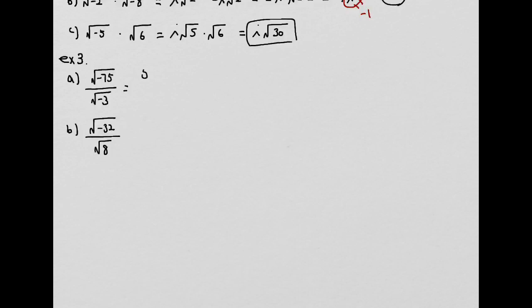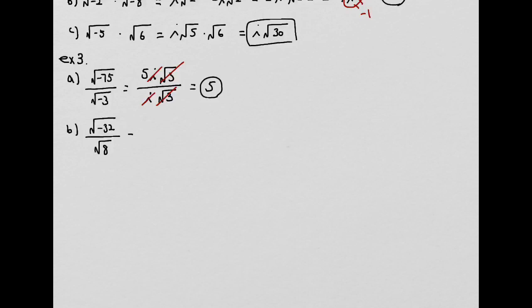So it will be 5i square root of 3. The denominator is i square root of 3. And I see the common factor between numerator and denominator, so get rid of it. You will get 5 from that problem.